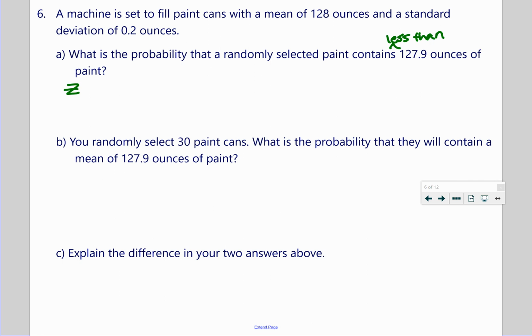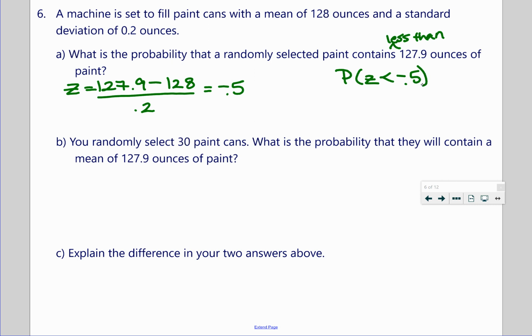So my Z, I'm going to take my value, 127.9, take away the mean I was given, 128, divided by the standard deviation, 0.2. 127.9 minus 128 divided by 0.2, get negative 0.5. Because it says less than, we're finding the probability that Z is less than negative 0.5.